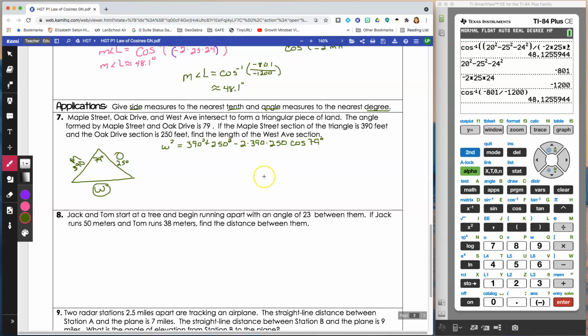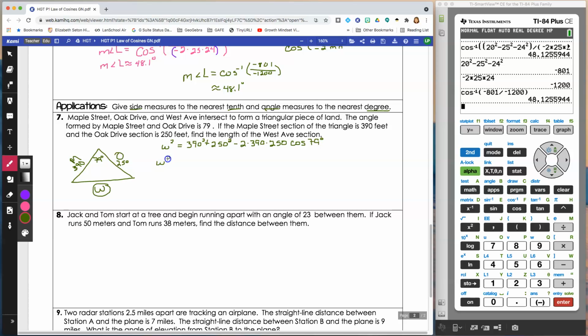Now, if you've been watching any of my other videos, you'll note that you can simplify along the way. You can simplify all at one time. These are really big numbers, and really big numbers tend to scare students. So we're going to do a partial simplifying, but not every single part, right? Because 390 squared and 250 squared are really big numbers.